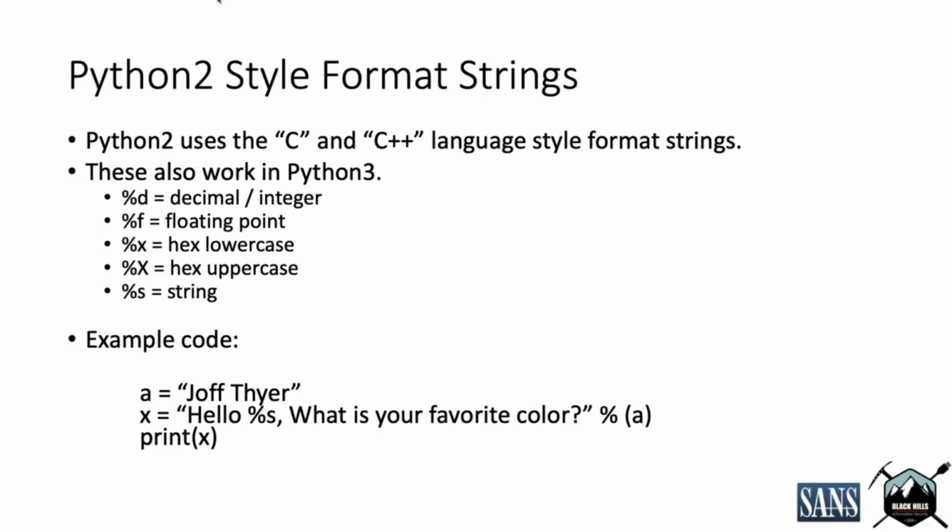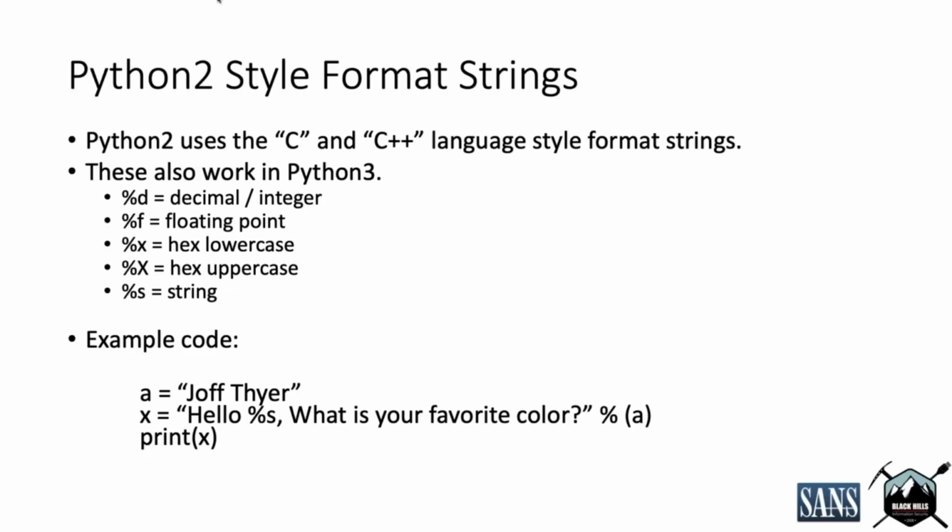So example code here, we've got a variable a equals Joff Thayer in quotes, and then we've got a format string underneath it, x equals hello %s, what is your favorite color, % and then an a inside the parentheses down here. What this means is create a variable x whereby the variable a is substituted into that string at the position of the %s characters. And then we can print it, of course.